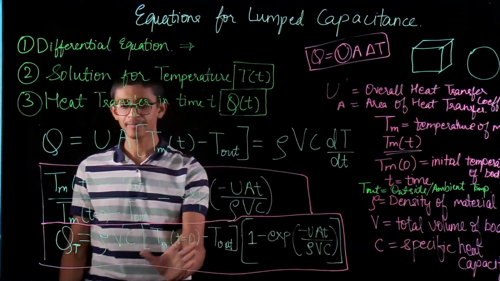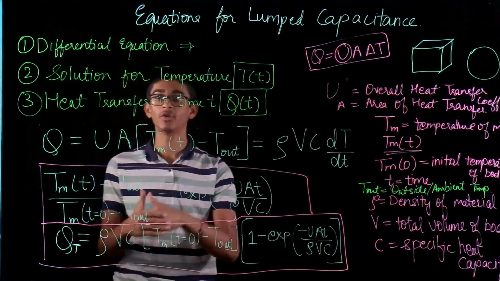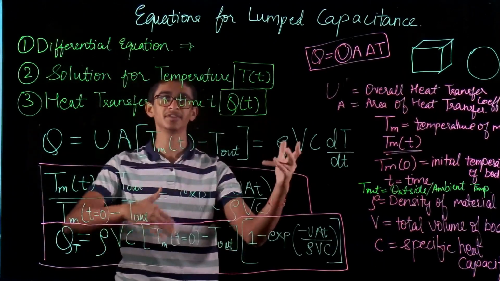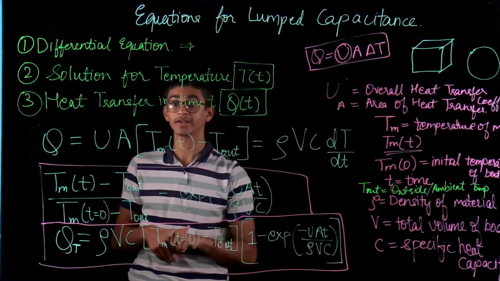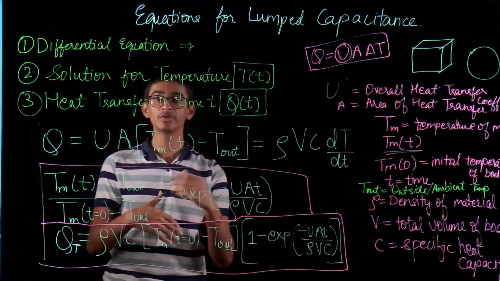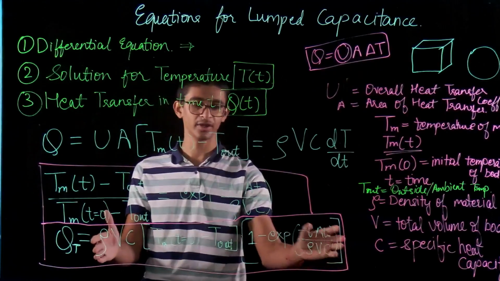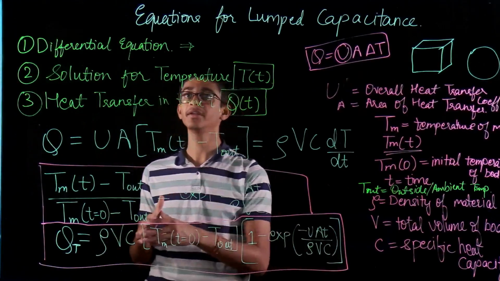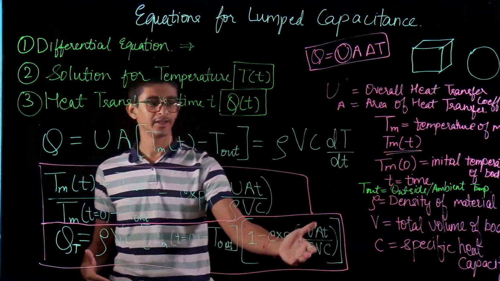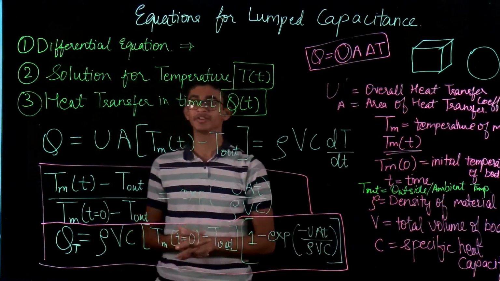In a similar way, if we want to calculate the amount of heat lost from the building, because the outside temperature is lower and the inside temperature was higher earlier, with time we are going to lose heat to the ambient, and this formula will help us calculate the amount of heat transfer from my building to the ambient in some time t. I hope you have understood. Thank you.